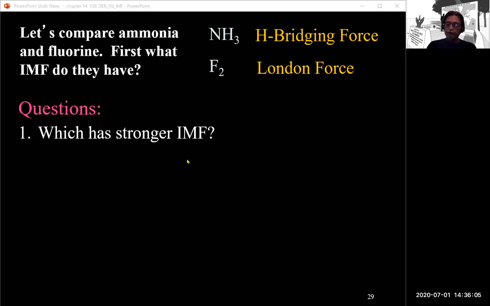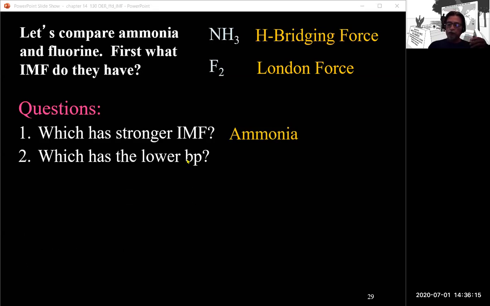The first question, which we already answered, is which has the stronger IMF? Well, of course, ammonia does because it has hydrogen bridging forces. Okay. Next question is who would have the lower boiling point? Well, think about it for a moment. If it has a lower boiling point, that means the molecules are interacting in the liquid phase very weakly.